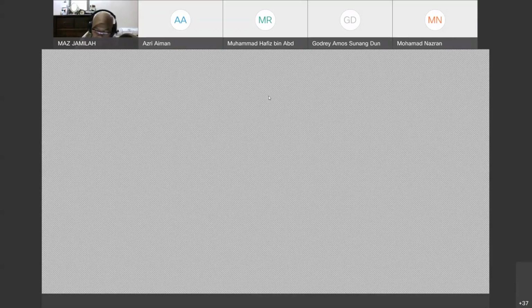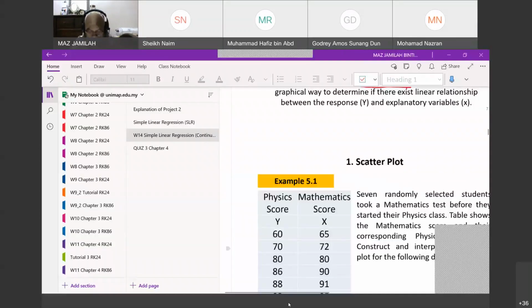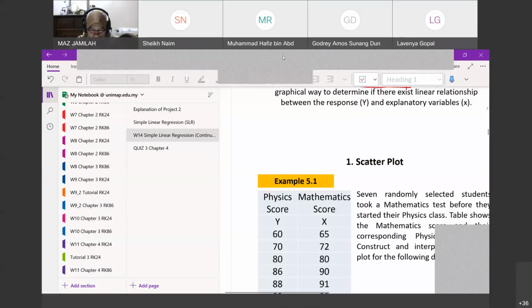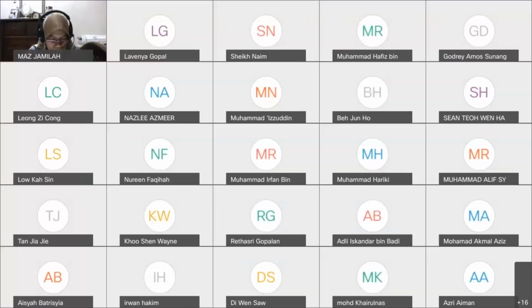Now, if you have this, what happens is that if you directly use your data here, this will be your... Doktor, yes. You tak nampak ke? We can't see your screen. Okay, sorry. I forgot. I shared the screen just now. I should stop sharing. Thank you for letting me know. Stop sharing.